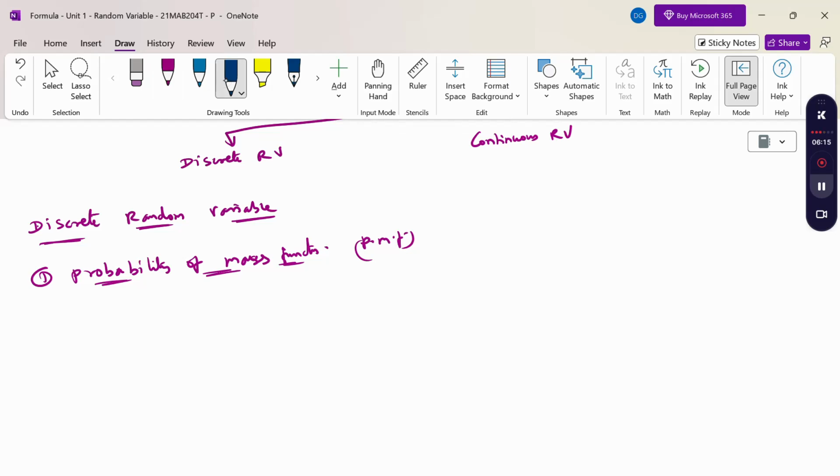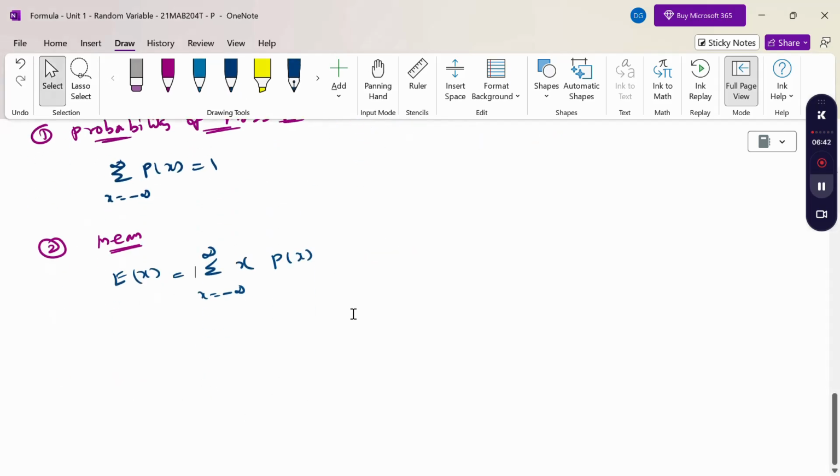The total probability is 1, with x ranging from minus infinity to plus infinity. Then the mean, expectation or average: expectation of X equals summation x into p of x, x ranging from minus infinity to plus infinity.